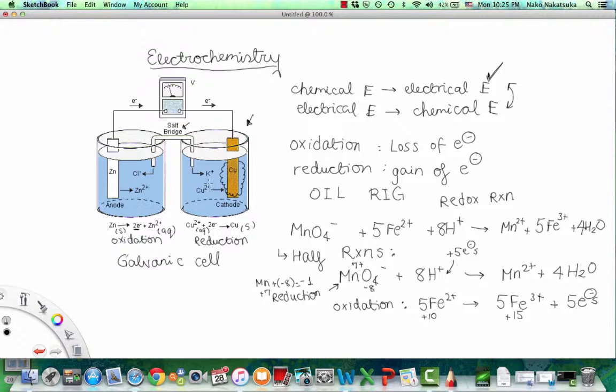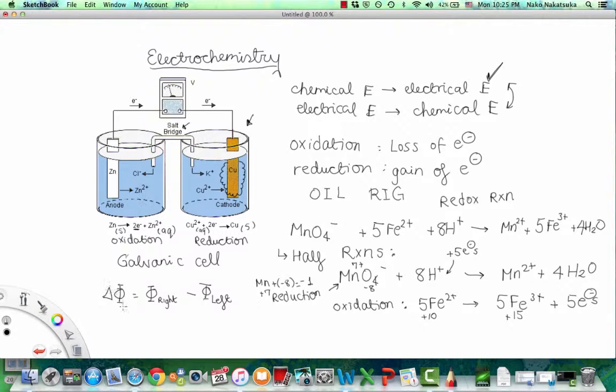So we can also write out the potential difference between the electrodes as being delta, and this Greek sign is the potential of the right, or rather the anode, minus the potential of the left-hand side, or the cathode.